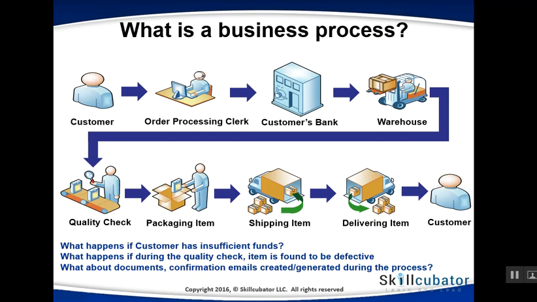But before we go ahead and talk about a business process, let's talk about what exactly is a business process. So, a business process, in very simple terms, is a set of tasks or activities performed by a human being or an application system machine, wherein each of these task activities takes some sort of input, does some processing, and gives an output.